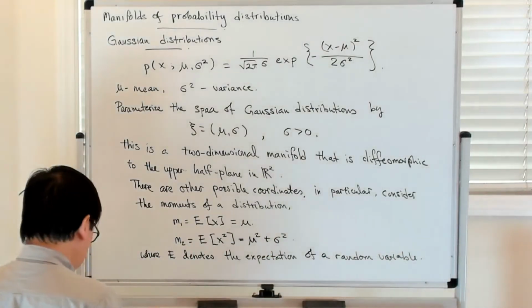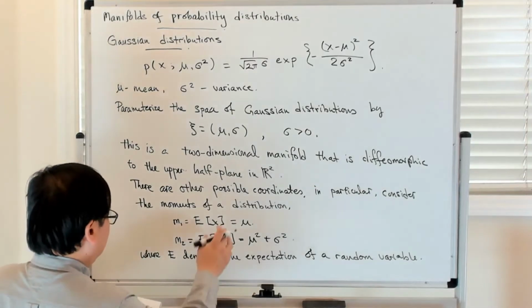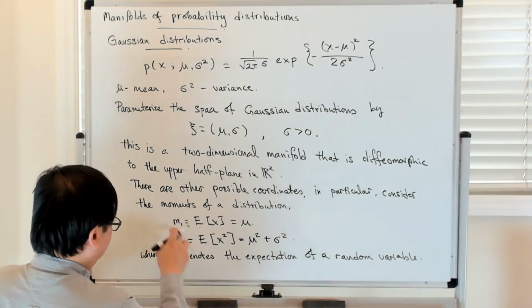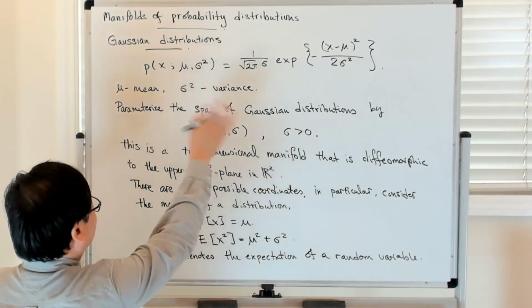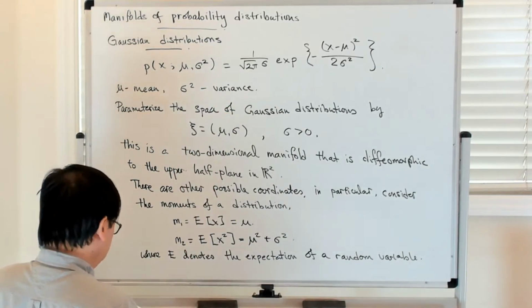Okay. Then this alternative set of coordinates, having to do with the moments, is again a coordinate system for this space of Gaussian distributions.